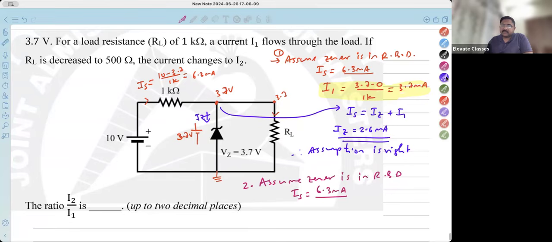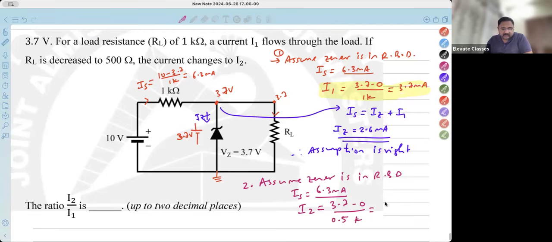Now let us find out something more interesting, and that is IL, in other words we can say I2. If we try to find out the value of I2, this is still 3.7, this is still 0, so this should become (3.7 minus 0) upon 500 ohms. I'll write this as 0.5K because I want the answer in milliamperes.